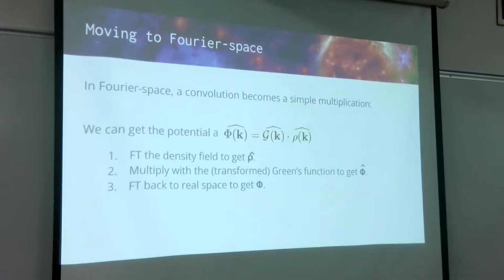So, as I said, we Fourier transform the density to get rho hat. We multiply with the Green's function, which is 1 over k, to get psi hat, the potential in Fourier space, and then Fourier transform back to go back to the real potential. And once I have the potential, then acceleration is just taking the derivative.